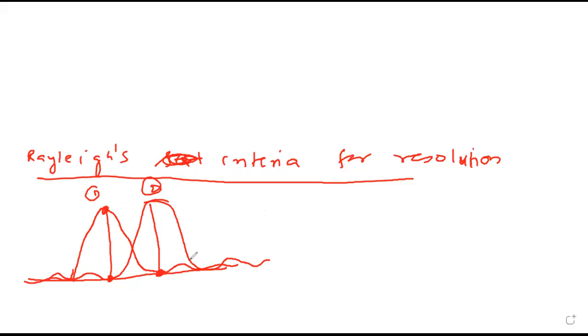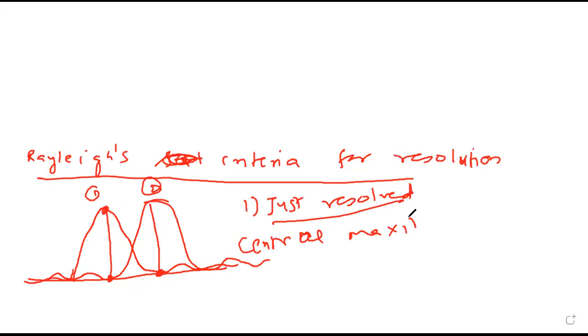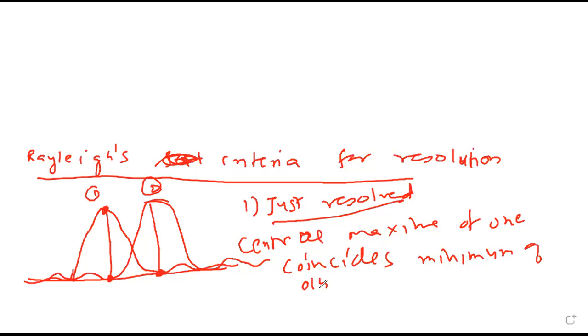So this is the condition for just resolved. Just resolved means central maxima of one coincides with minima of other. That means two objects are placed such that the light emitted by one is not coinciding with light of the other.